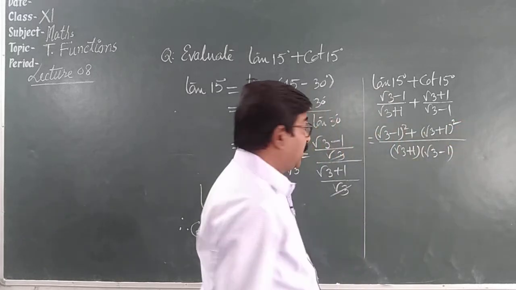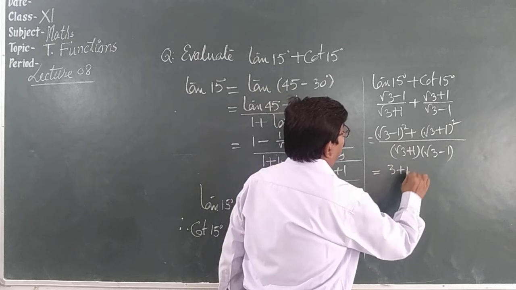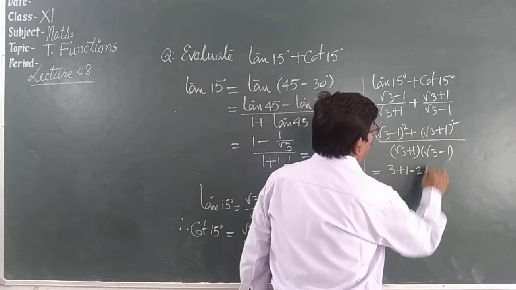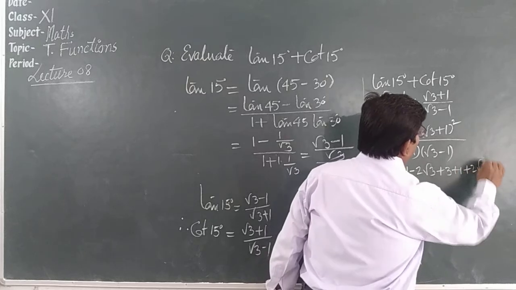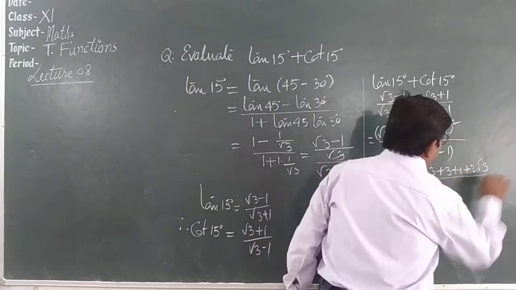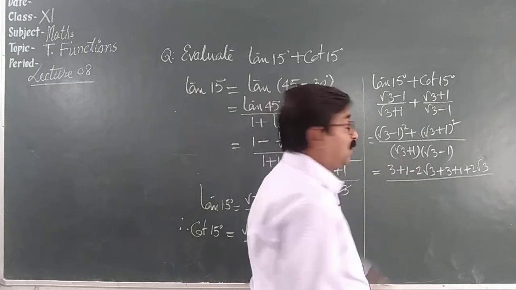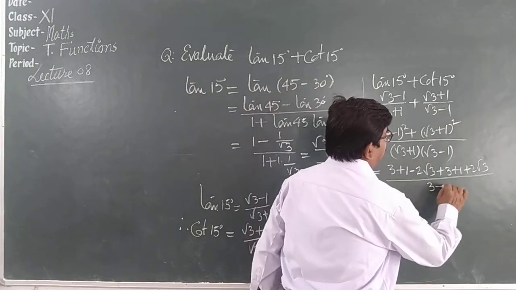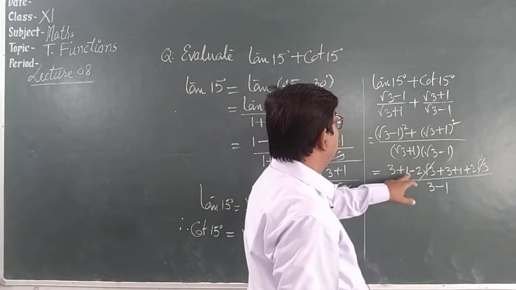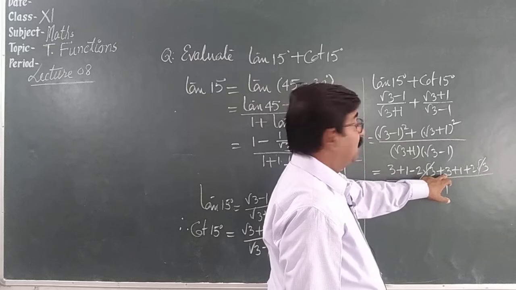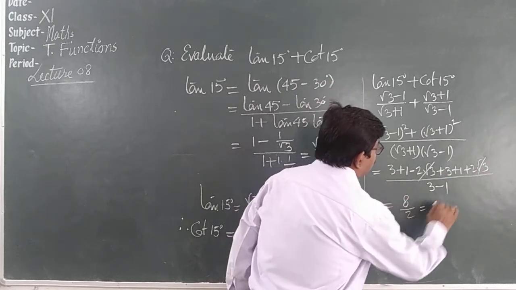Now break the numerator. What we have? See, 3 plus 1 minus 2 root 3 plus 3 plus 1 plus 2 root 3, upon, see, this is (a plus b) and (a minus b), a square minus b square. So a square is 3 minus 1. This will cancel. So what we have? 3 plus 1, 4 plus 3, 7 plus 1, 8 upon 2. 8 upon 2 is 4.